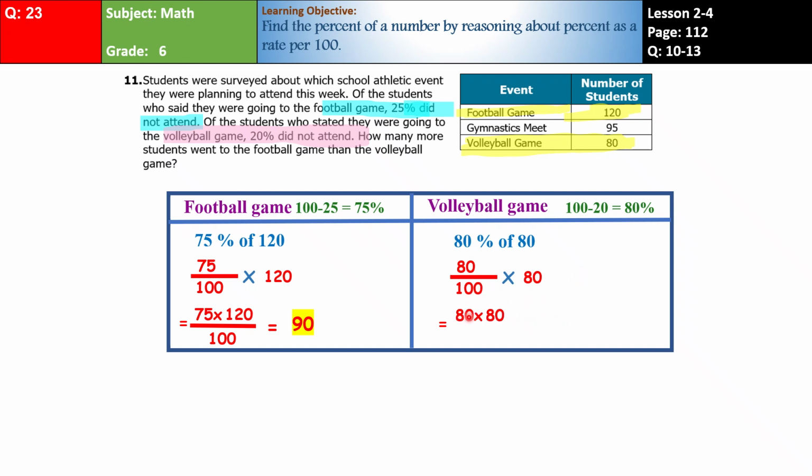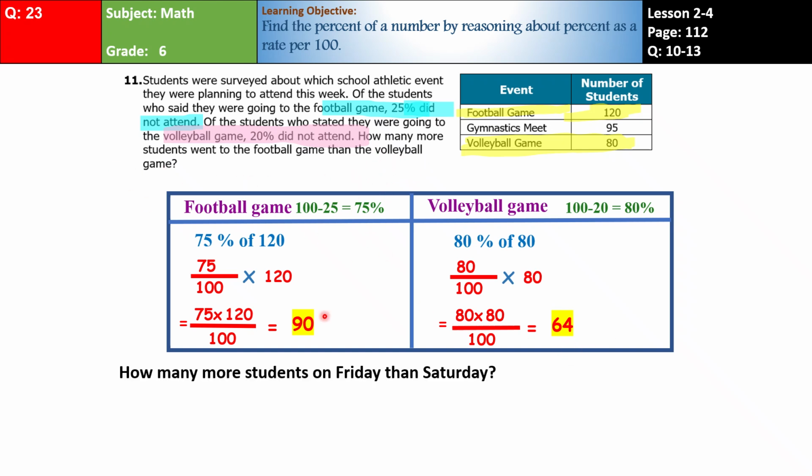Now 80 multiplied by 80 divided by 100 gives you 64. How many more? Again, the last step, you will find the difference. Now 90 minus 64 gives you 26. So 26 more students went to the football game than the volleyball game.